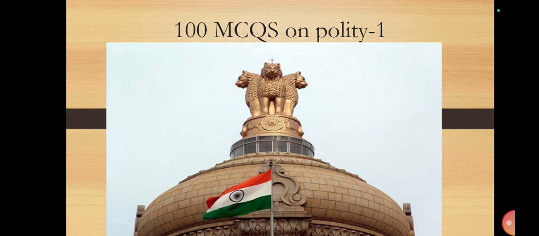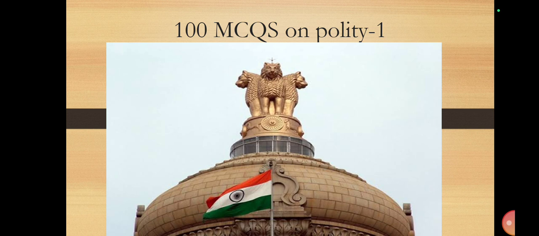A bill shall not be deemed to have been passed by the Houses of the Legislature of a state having a legislative council unless it has been agreed to by both houses, either without amendment or with such amendments only as are agreed to by both the houses. A bill pending in the legislature of the state shall not lapse by reason of the prorogation of the houses.